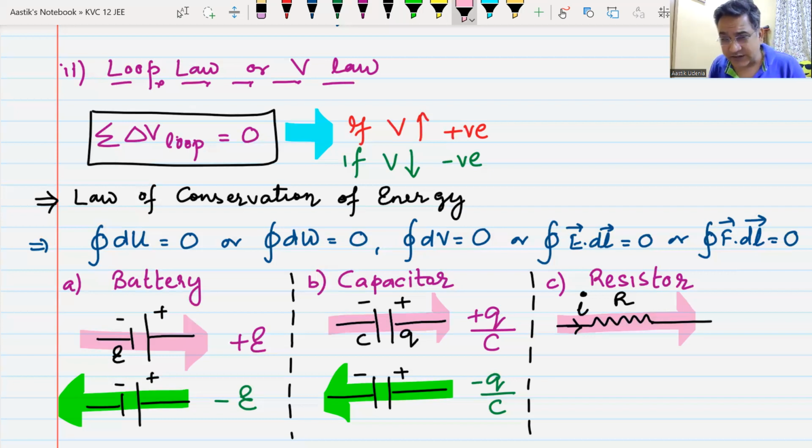But the direction of current, we call it conventional direction of current. Direction of current is taken as the direction of flow of positive charges. So here, the pink direction is the direction of flow of current, which is also the direction of flow of positive charges. That is how it is assumed. Now, positive charges always flow from a point of which point?